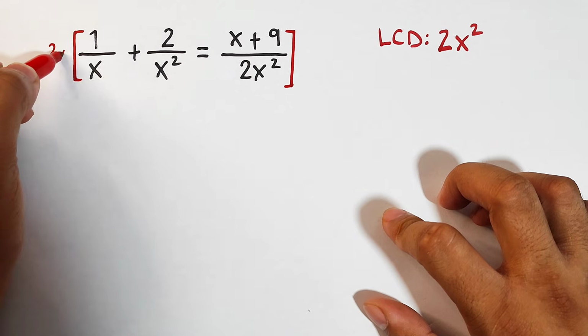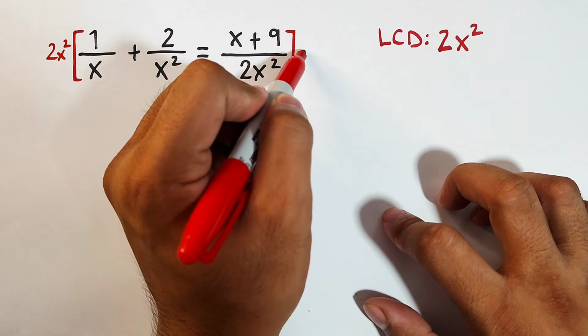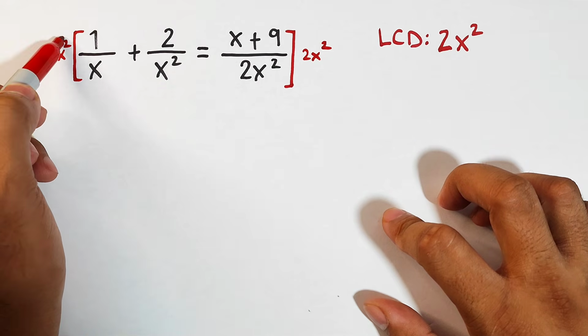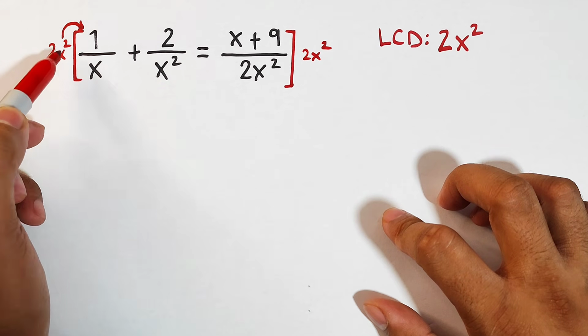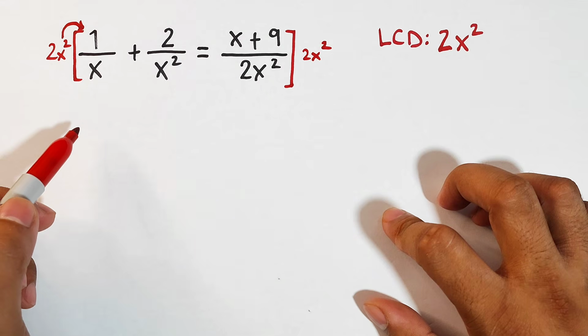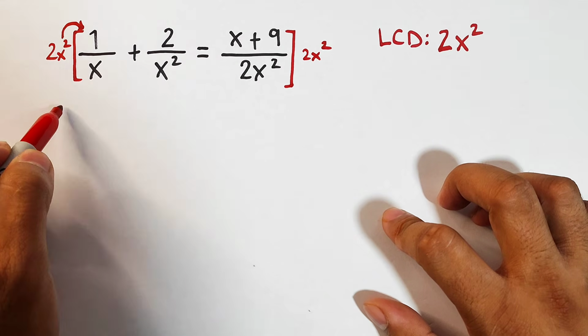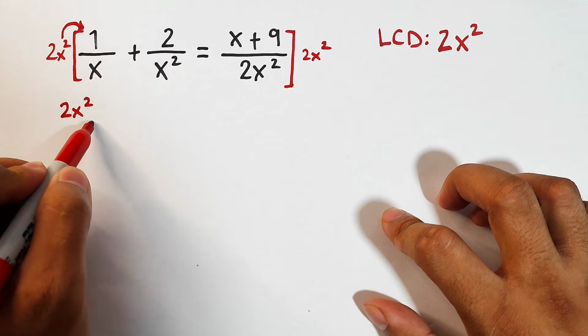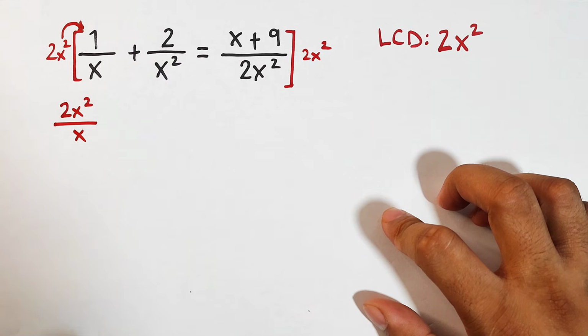Multiply this by 2x squared and also this by 2x squared. What will happen is that it will go like this. 2x squared times 1 over x, that would be 2x squared over x.